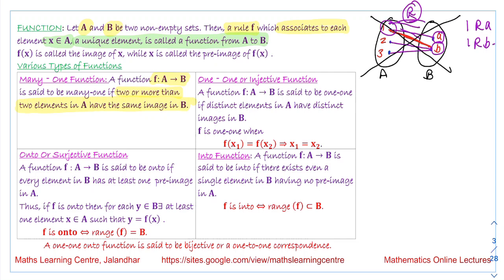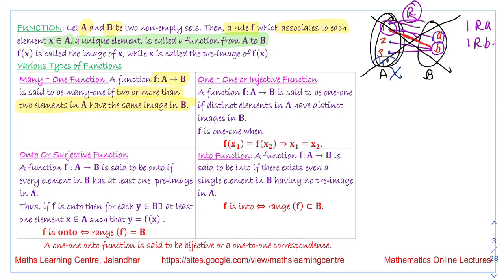This is not a function when an element of A has two images. So first, we are sure that every element of A should have an image. If we have an element 4 over here which is not having an image, this is not a function. So these are the two conditions to be satisfied for a relation to be a function.